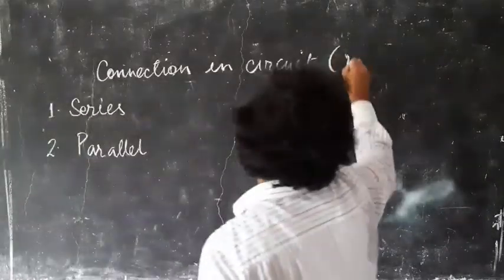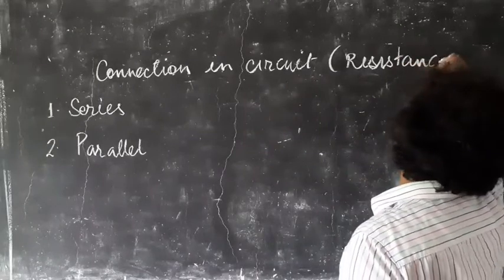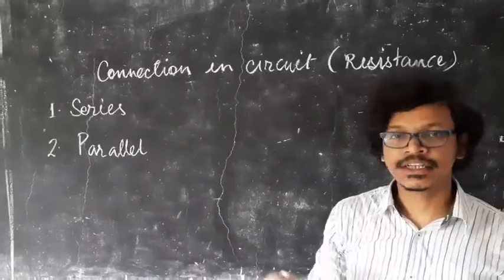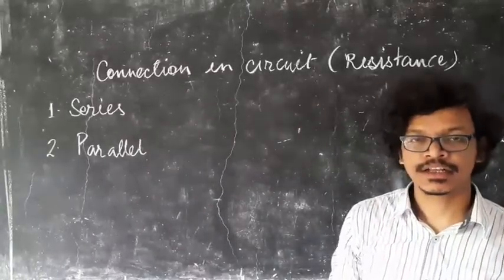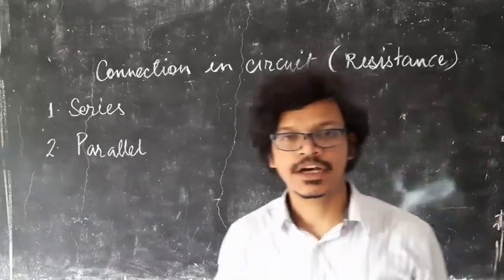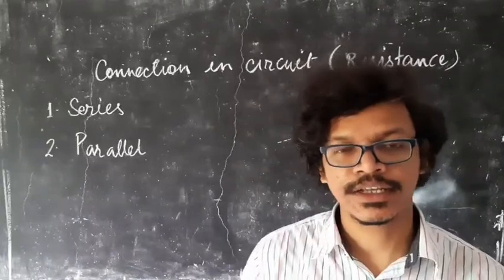So resistance can be connected in a circuit either in parallel or in series. Let us see how we can calculate the resistance or how we can calculate the current in the circuit.